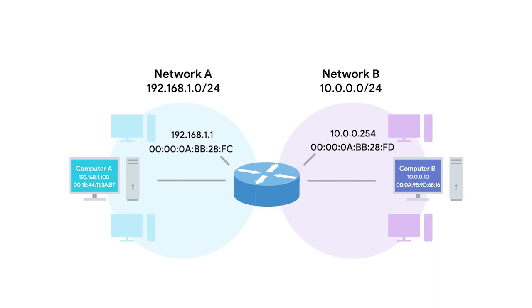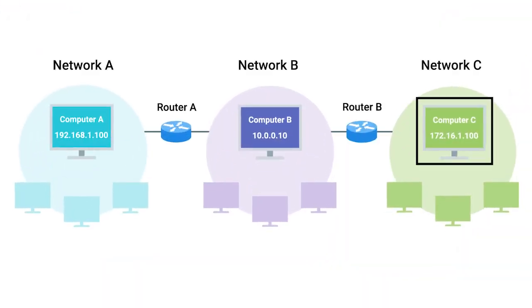The router that bridges these two networks still has the IPs of 192.168.1.1 on network A and 10.0.0.254 on network B. But let's introduce a third network, network C. It has an address space of 172.16.1.0/23. There's a second router connecting network B and network C.